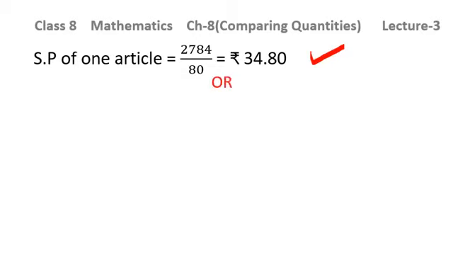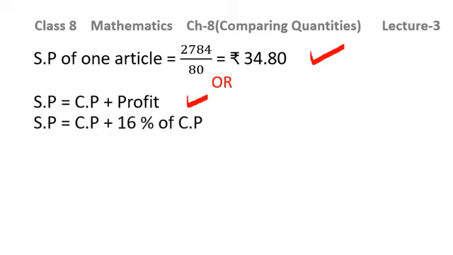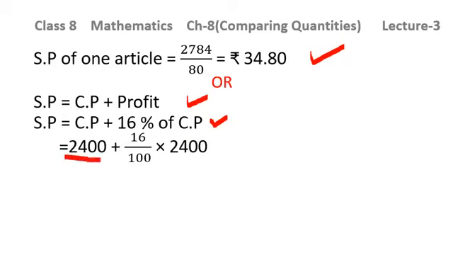Now let us see the second case, which most of the students use. So SP is equal to CP plus profit, we know this, and profit is given to you in percentage. So SP is equal to CP plus profit percent, that is 16% of CP, and CP is given to you as 2400, plus 16 over 100 into 2400, because we need to calculate the profit percent on CP.